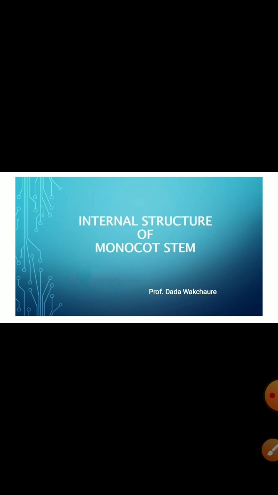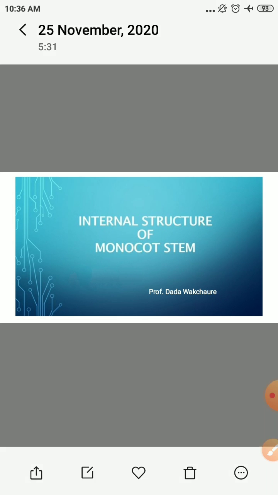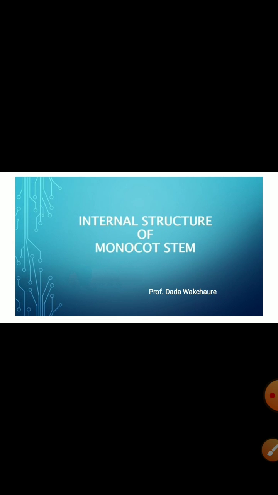But we have to visualize how the stem is internally. What internal primary organization the stem shows, that we have to study. What type of vascular bundles are there, how they are organized, and what are the different tissues, different regions internally composing the stem, and what functions they perform.